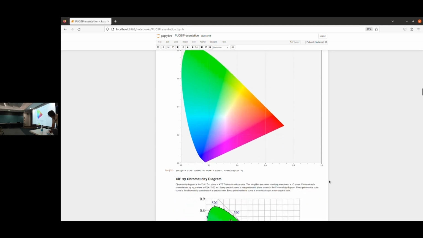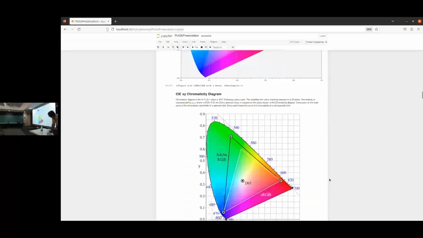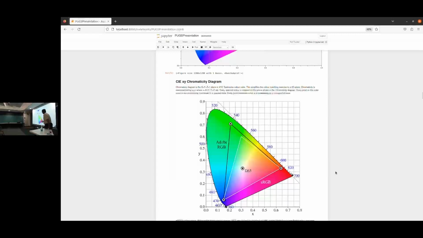So finally, this is the shape that we ended up with, the CIE Chromaticity Diagram. The only detail left is the small x and the small y, which was simply a normalization of the x, y, and z values, where small x is x over x plus y plus z. Those normalized values are then indicated over here.